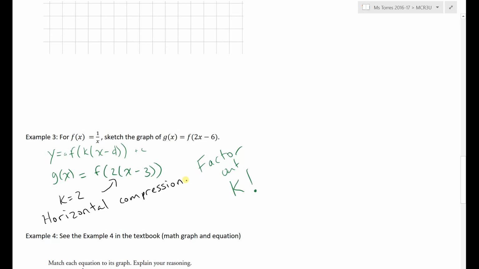Horizontal compression by a factor of 1 over the absolute value of k, which is 1 over 2. Okay, so that's our horizontal compression.